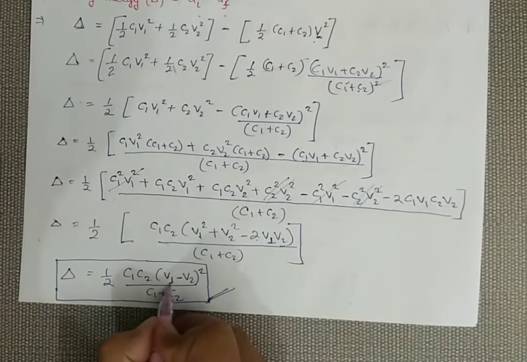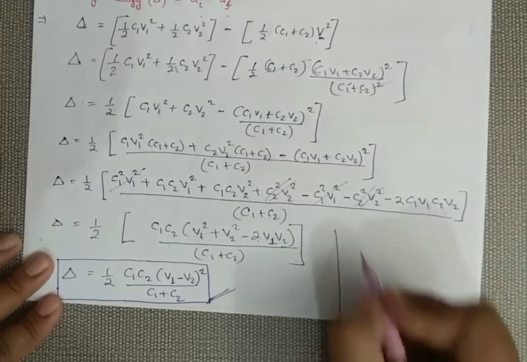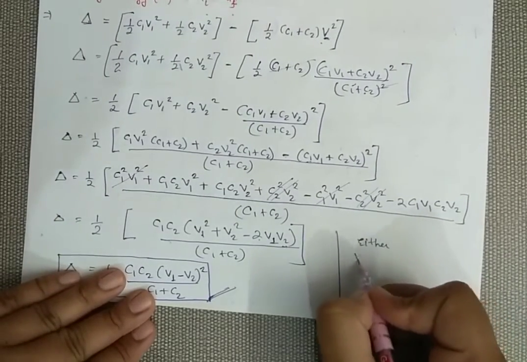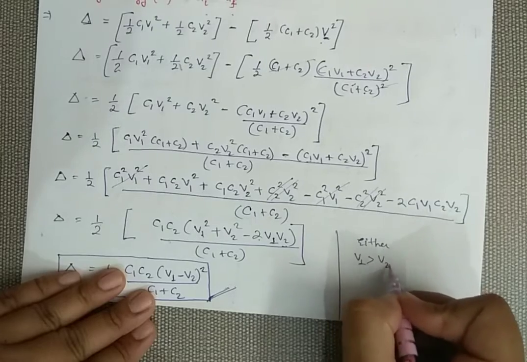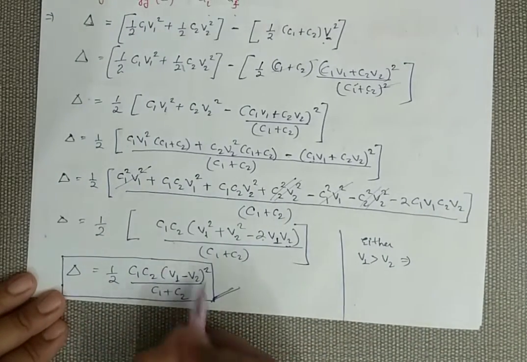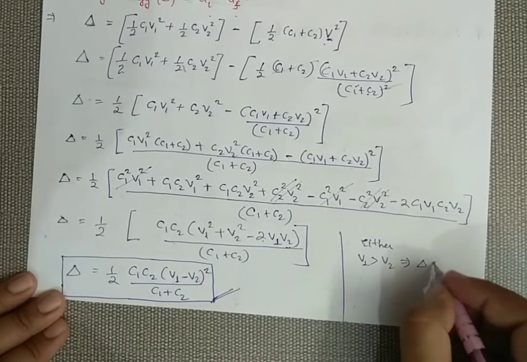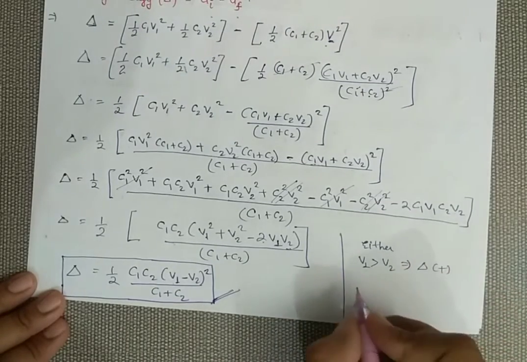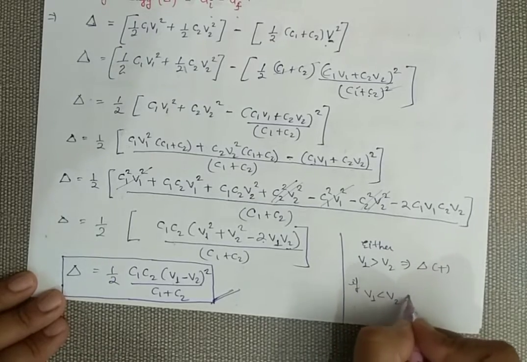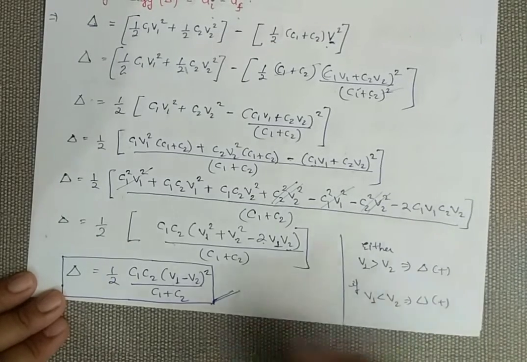See, from this formula you can easily say that if V1 is greater than V2, again it will be positive, which means delta is positive. Delta positive means there is loss. If V1 is less than V2, then also your delta will be positive. See it carefully.